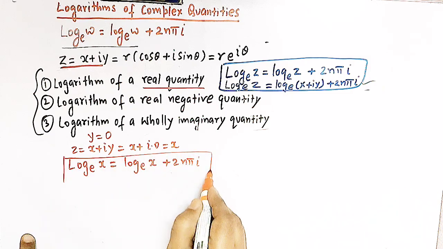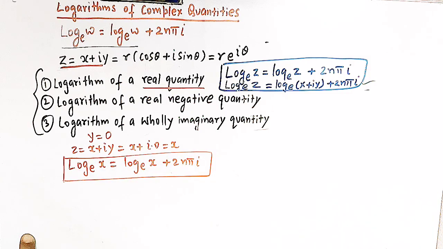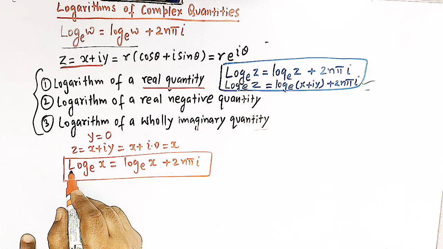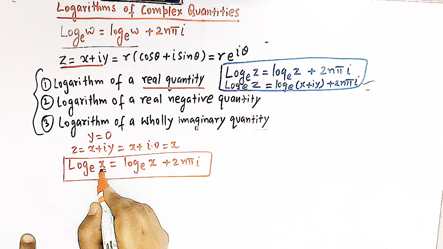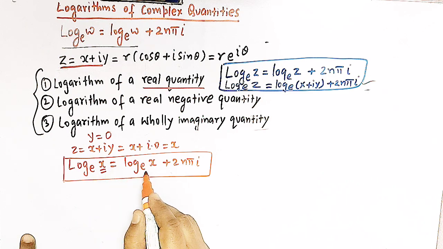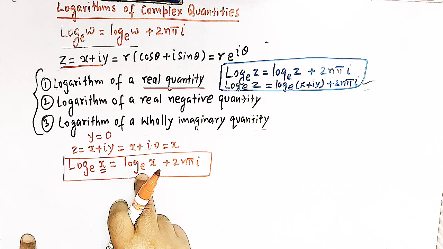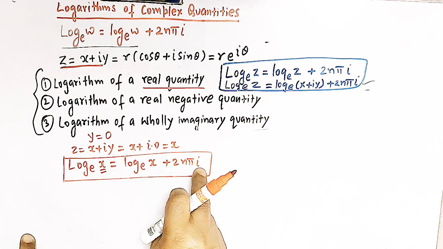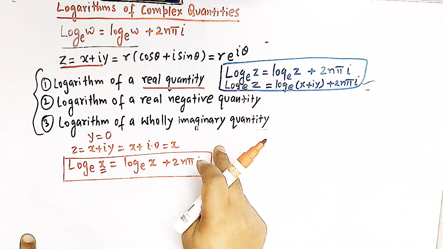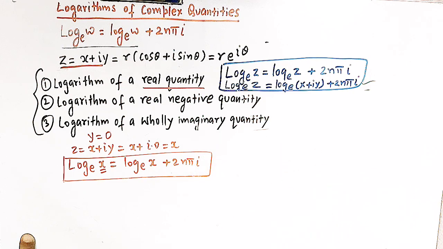So this expression suggests that the general value of the logarithm of this real quantity x is given by the principal value, that is log of x to the base e, plus 2n pi I, where n is 0 or some positive or negative integer.